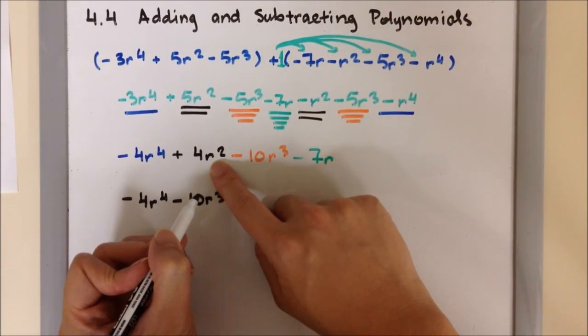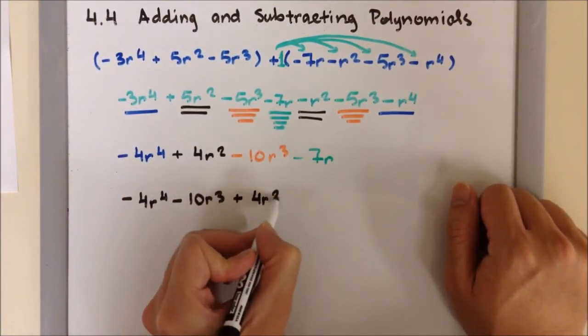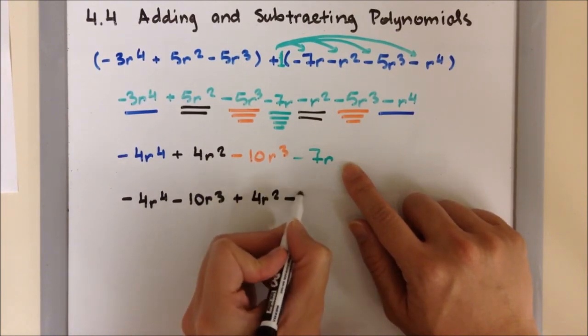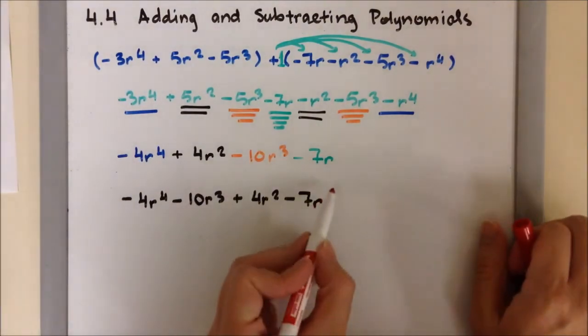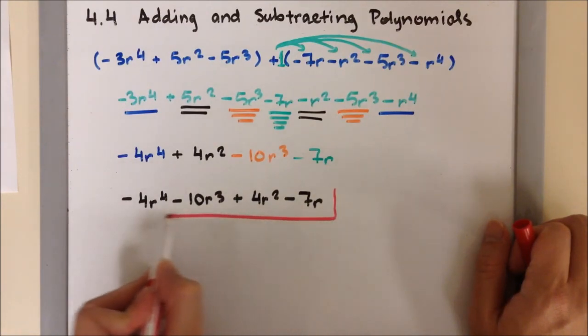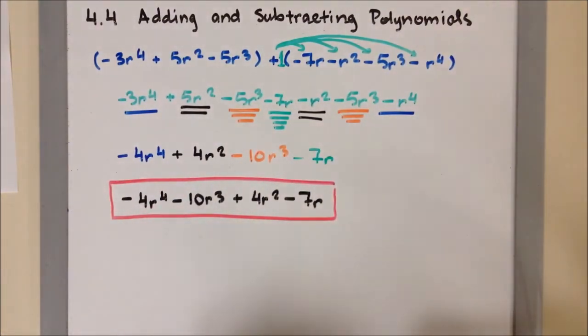Then what comes next is the square, so plus 4r squared, and then minus 7r. So now it's in order. I'm going to box this up, and that's our final answer.